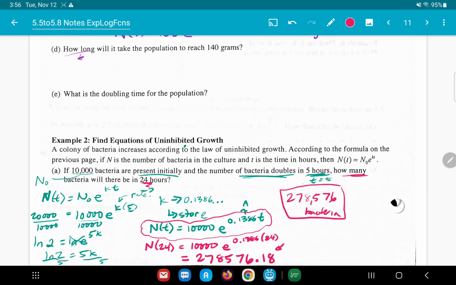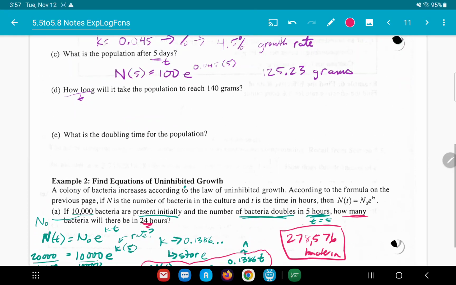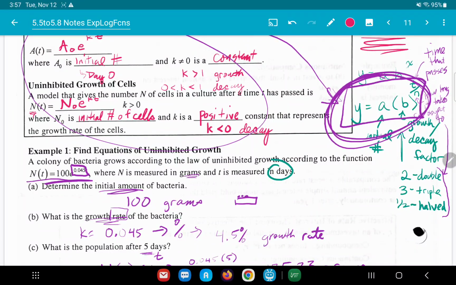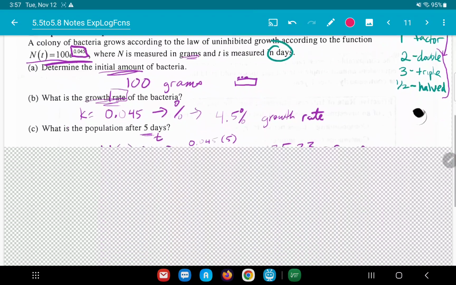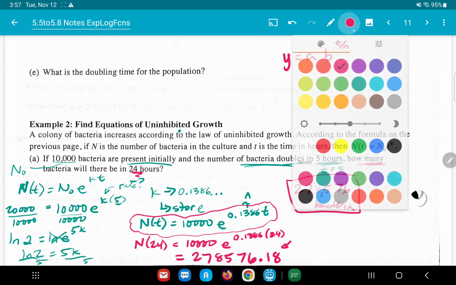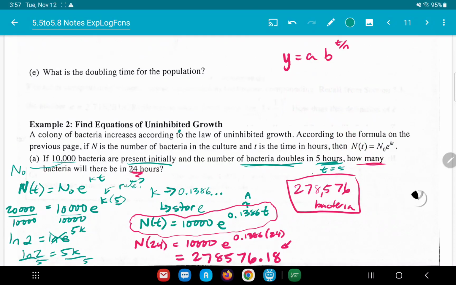This time I'm just going to use my basic formula of exponential growth or decay based on how long it takes. So I'm just going to go ahead and write my formula down. Y is equal to a b to the t over n. And let's fill in all the information we know. Again, as we mentioned, 10,000 represents the number of initial bacteria.